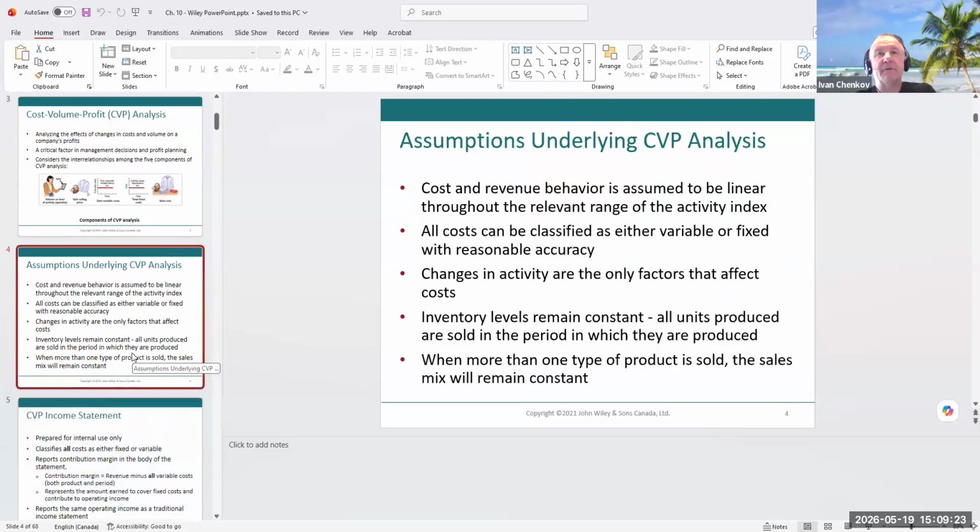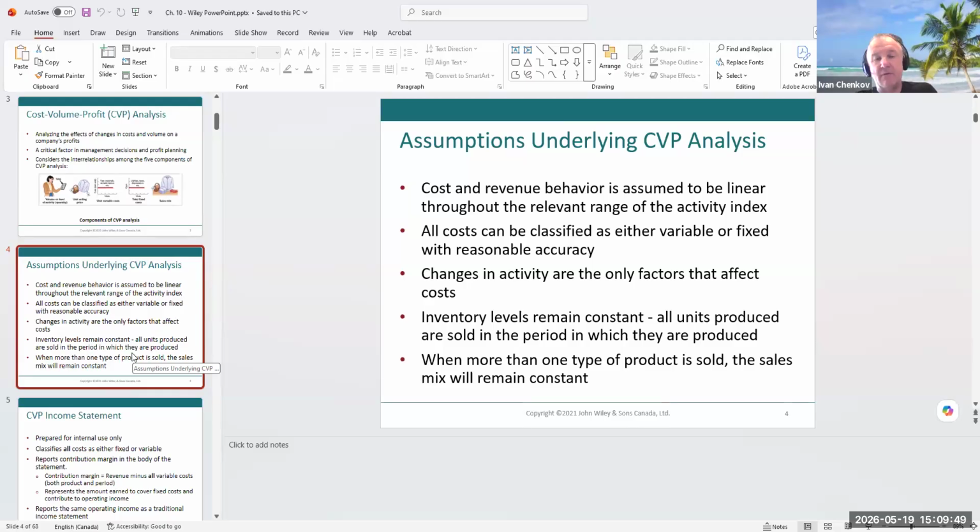Underlying assumptions: in order for all of this to work, we have to make some assumptions. First one is that the cost and revenue behavior are linear. What that means is that they behave, and we can predict them, in a straight line. All the costs can be classified as either fixed or variable, nothing else.